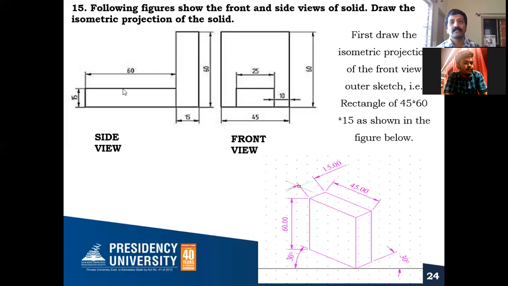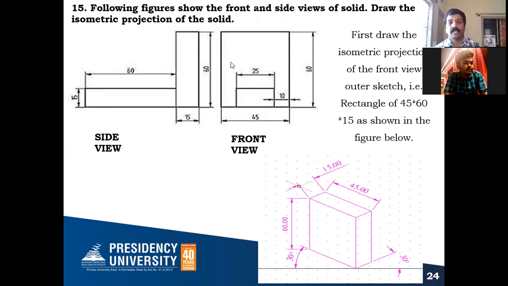And coming to this, it's a rectangular prism of the side 15 by 25 and height is 60. Both are placed perpendicular to each other.